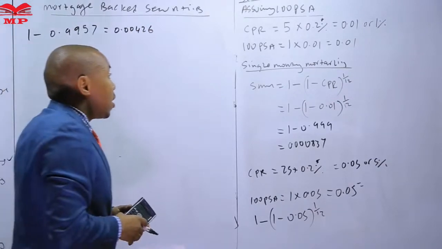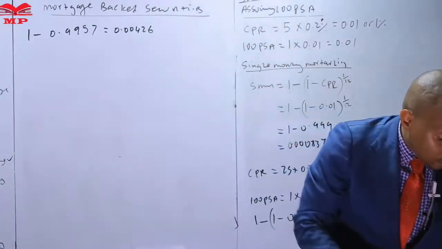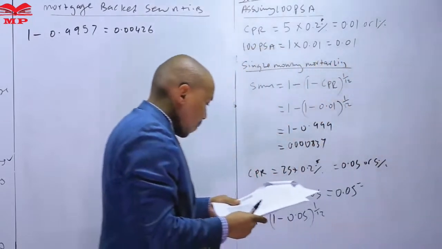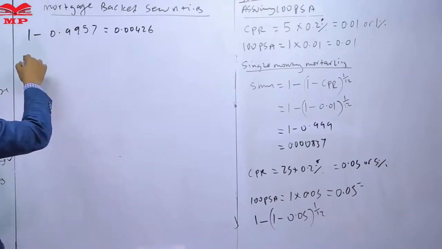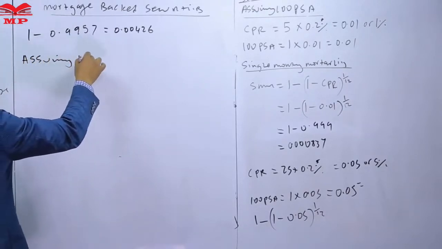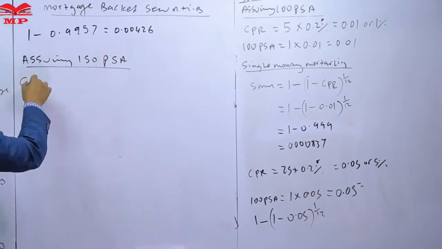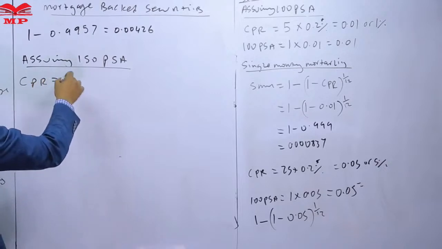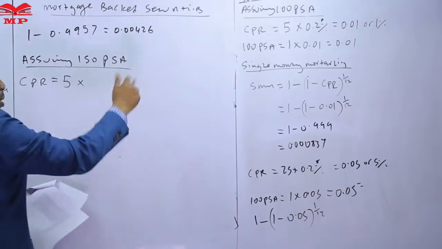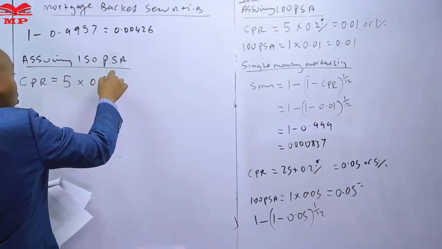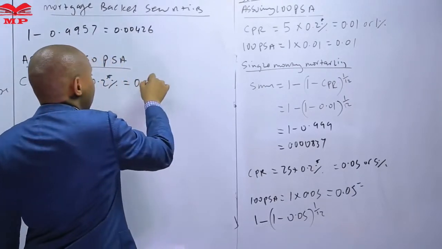But we've computed assuming 100 PSA. The question is asking us assuming 100 PSA and 150 PSA as well. So for 150 PSA, assuming 150 Public Securities Association, we have the CPR as 5 times 0.2%. That remains a constant. So 5 times 0.2 percent, we get 1% or 0.01.